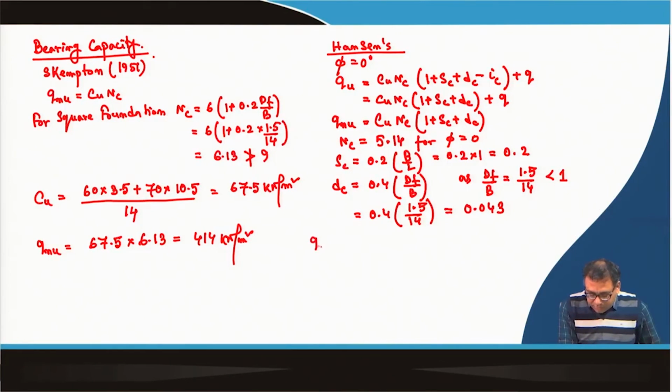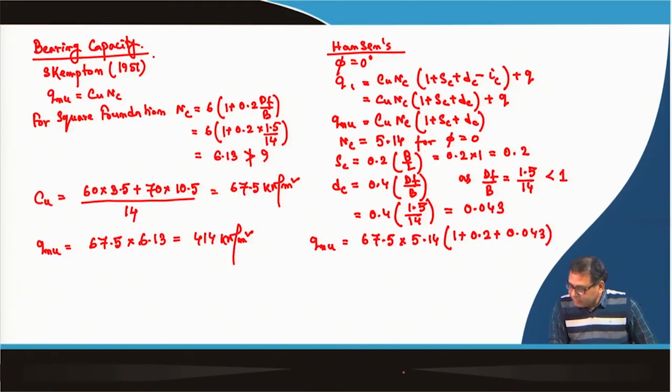So, Q net ultimate for Hansen is 67.5, that is the weighted Cu, Nc is 5.14, then (1 plus Sc plus Dc) with Dc 0.043. So, this is 431 kilonewton per meter square.